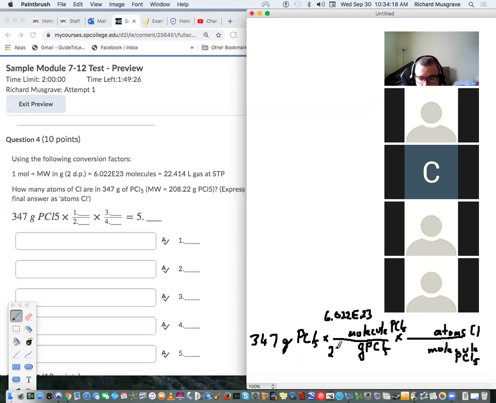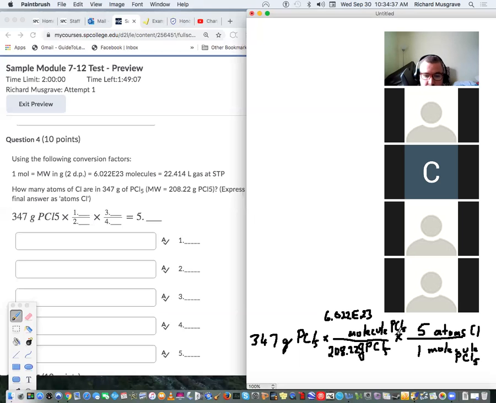So that's the molecular weight right there. Then we've got 5 atoms of Cl to 1 molecule of PCl5 is the relationship between atoms and molecules. That's why we had to use molecules here as our linking.